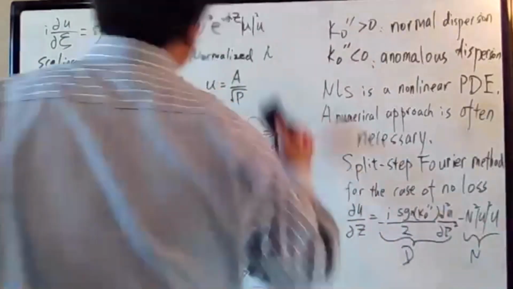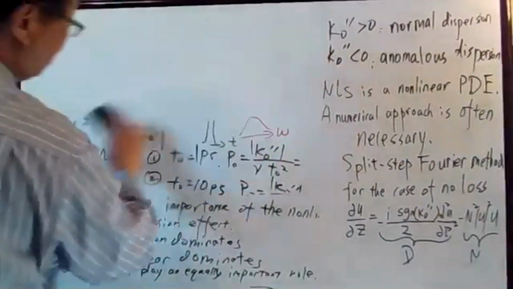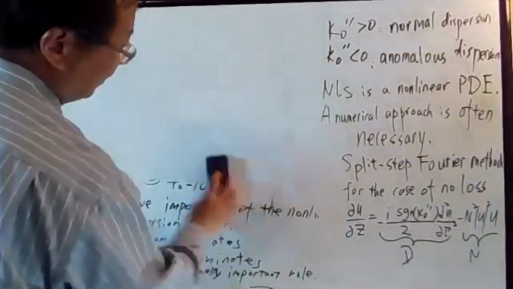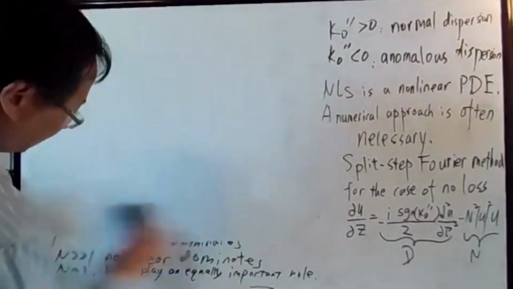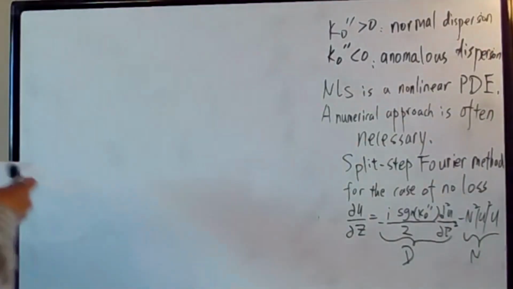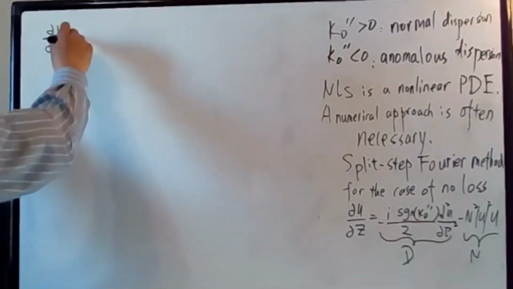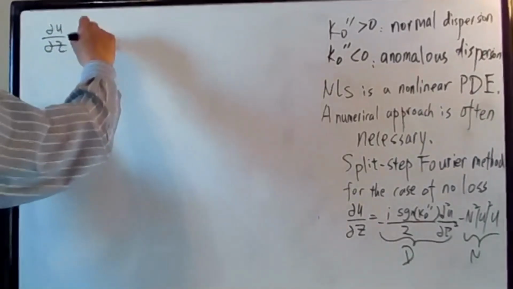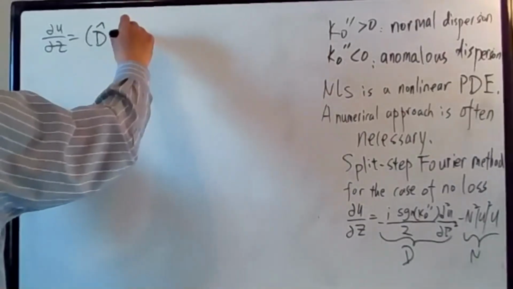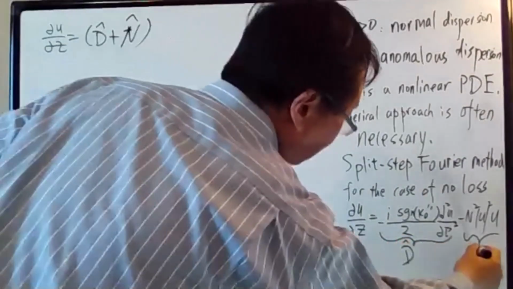So I'm going to write this in terms of operators, a dispersion operator and a nonlinear operator. So partial u partial z equals the dispersion operator plus the nonlinear operator.